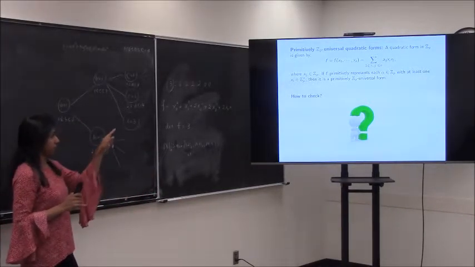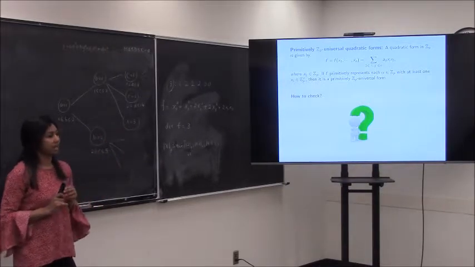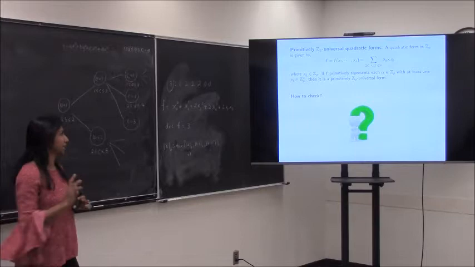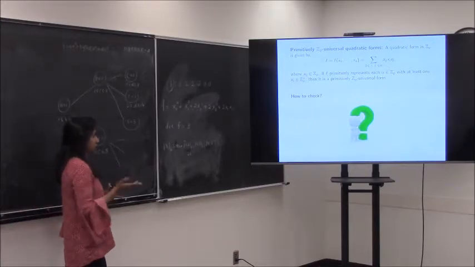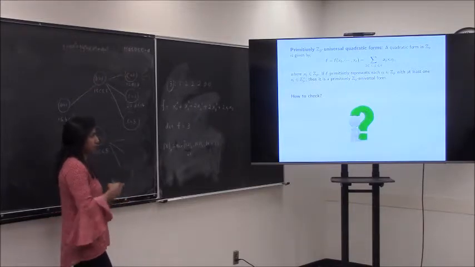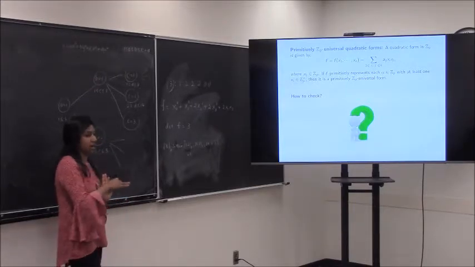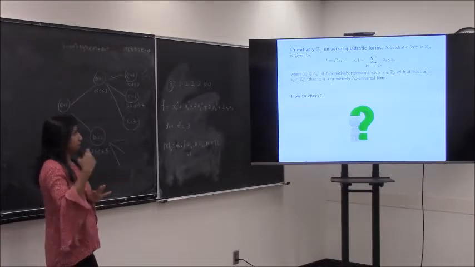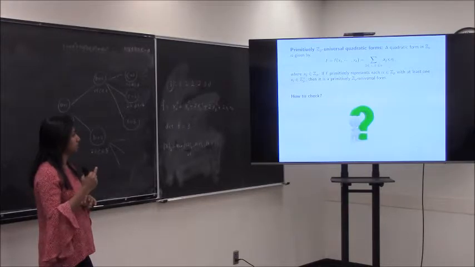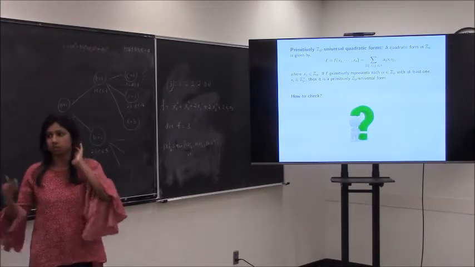But now we have to have these coefficients a_ij in Z_p, not just any integer in Z. So if F primitively represents each alpha in Z_p with at least one of these x_i being a unit, then we call this a primitively Z_p universal form.